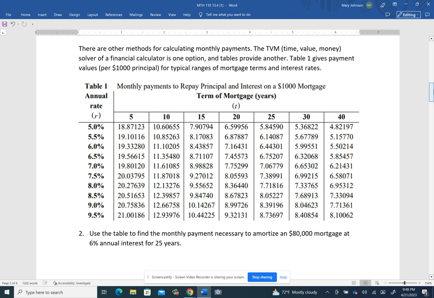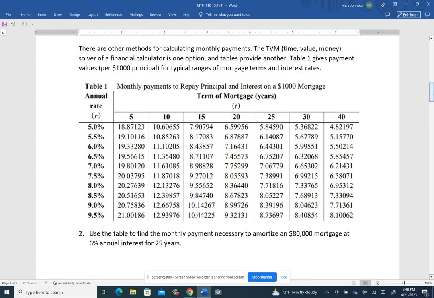All right, so what the table gives you is how much you would pay for every $1,000 of principal. Like, so if you borrowed $10,000, you would take any of the factors in the table that you see and multiply by 10, because what you see in the table is how much you would have to pay for $1,000.